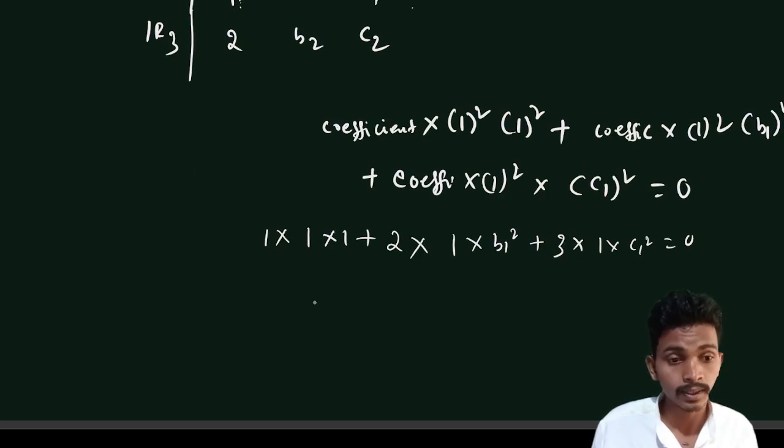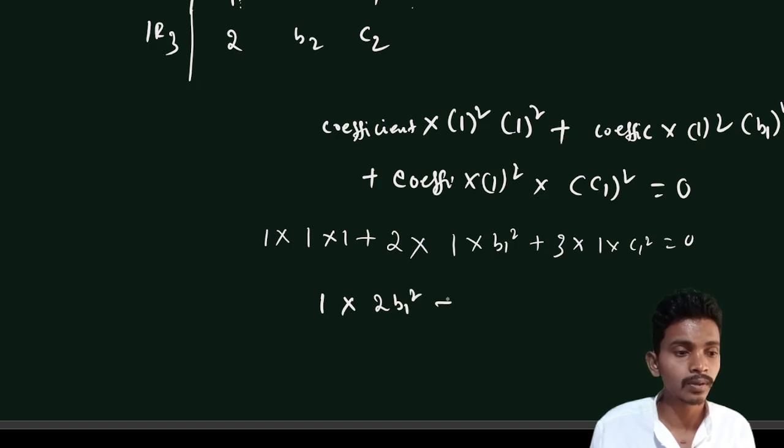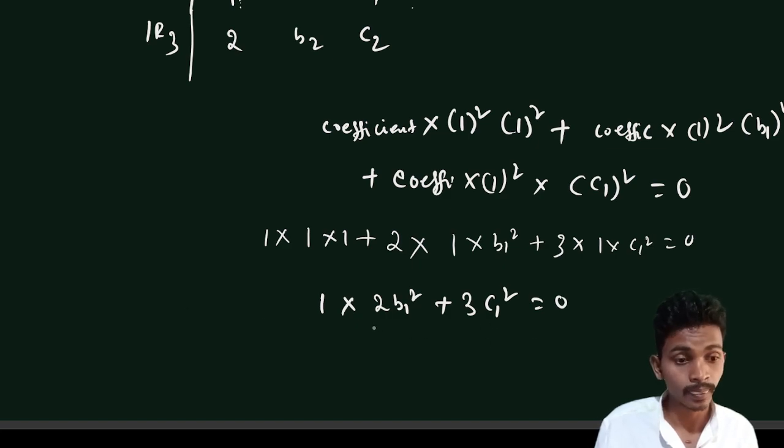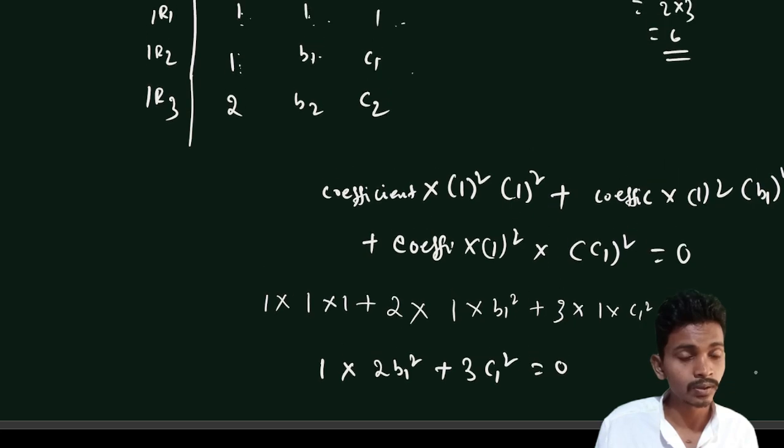So I can say that this is 1 into 2b1 squared plus 3c1 squared, which has to be 0. To get this value 0, what value do I have to put?